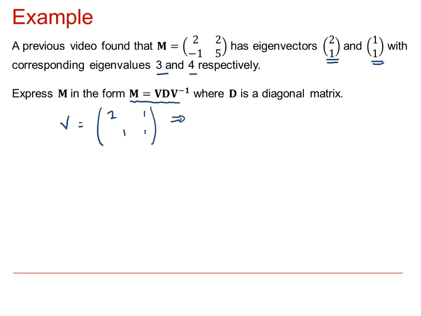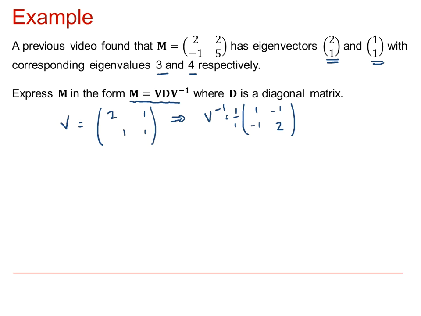Its inverse is found by swapping the leading diagonal, changing the sign on the other diagonal, and then dividing by the determinant. The determinant is 1, so this ends up as 1 over 1 multiplied by 1, negative 1, negative 1, 2.